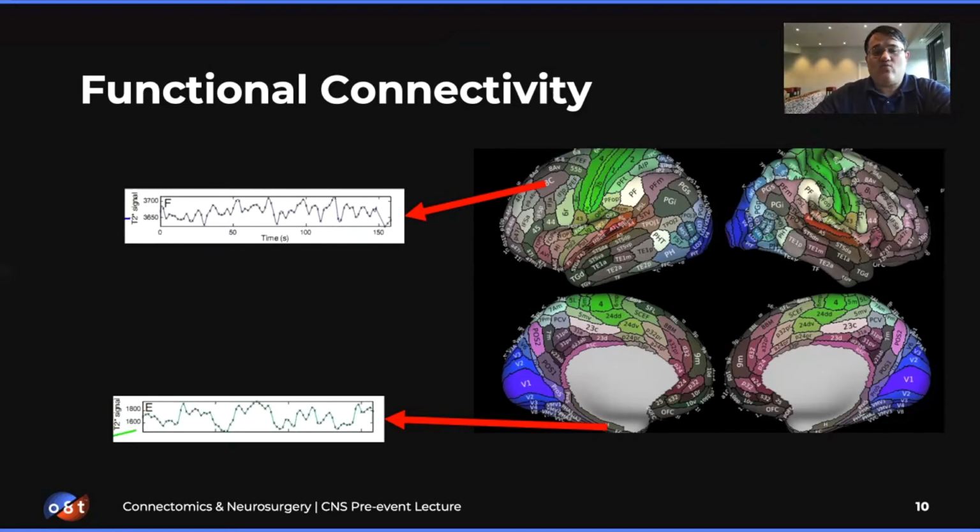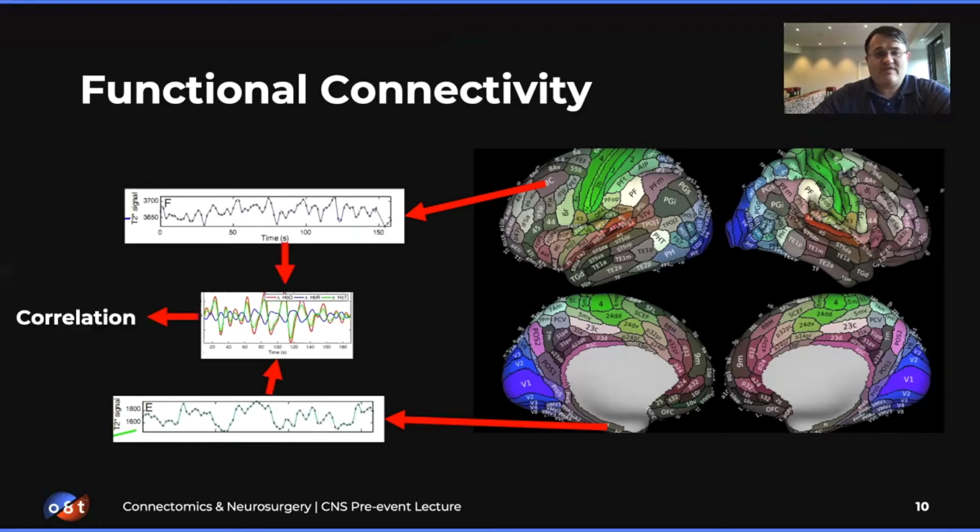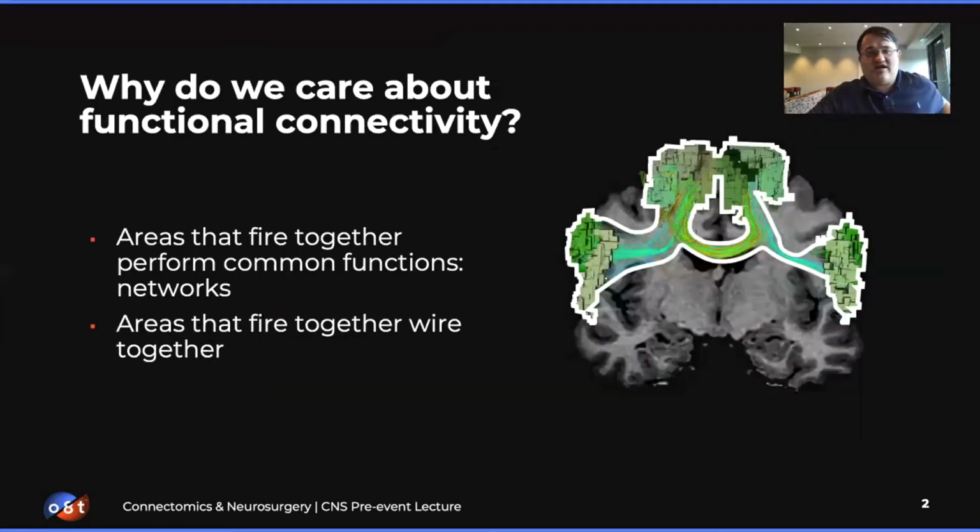And where it really becomes powerful is when we begin to know things about what these areas are doing. So again, you can generate a set of correlations, and ultimately, when we have some prior knowledge, for example, we know what area 44 on the left side is probably involved in, it's language, or what area 4 is, it's a motor area, we can then begin to infer things from the data that make sense.